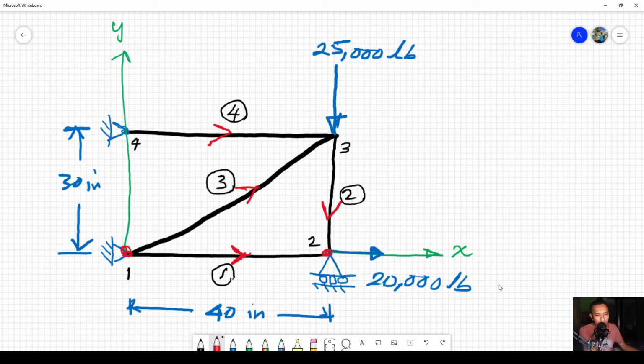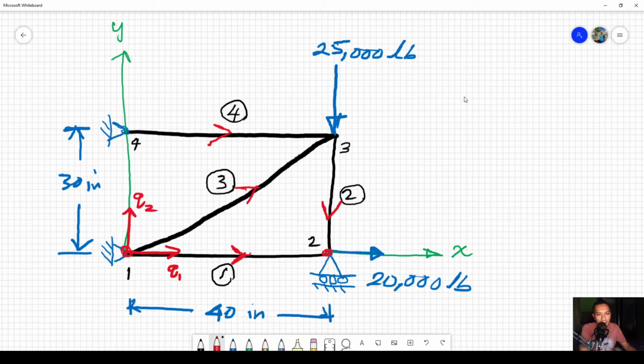So we come back to our structure here, and it is very good to label all the degrees of freedom that we have. At element number 1, actually, we can write Q1 and Q2.